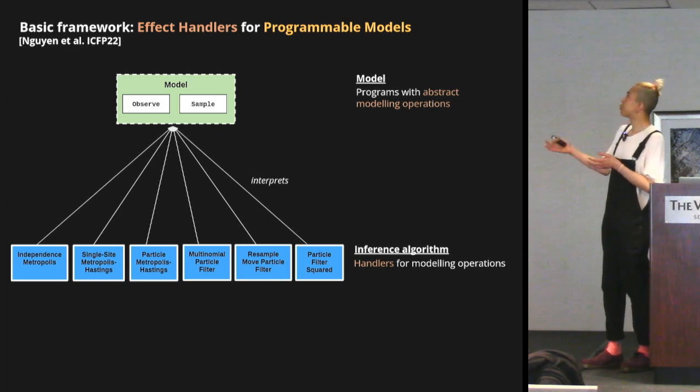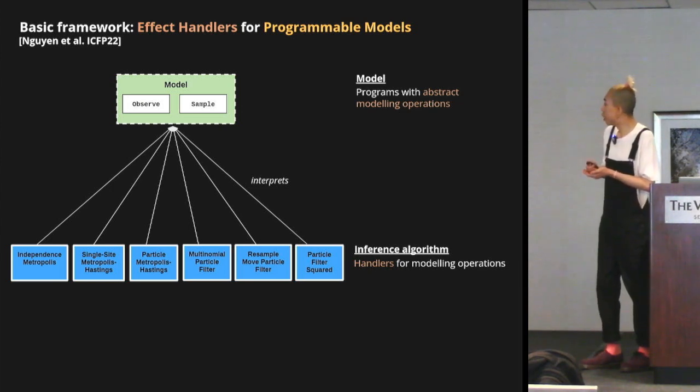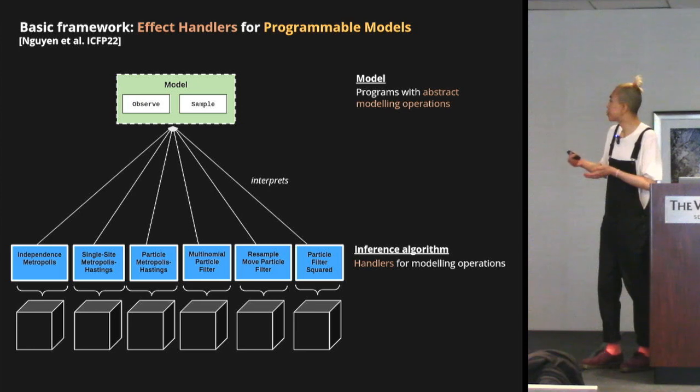Now, while this was fine for the likelihood weighting algorithm I just showed you, practical real-world algorithms are much more complex with lots of moving parts. These algorithms not only provide a semantics for the model, but they come with their own procedures and side effects that happen outside of the model.